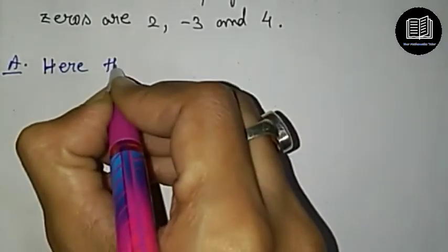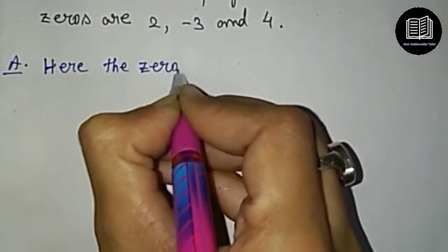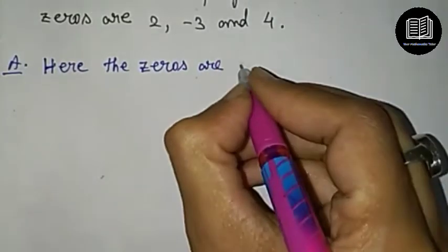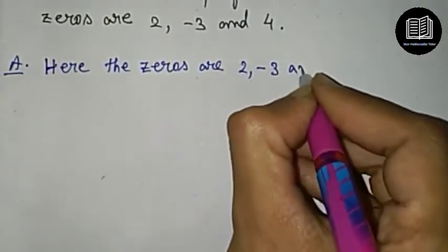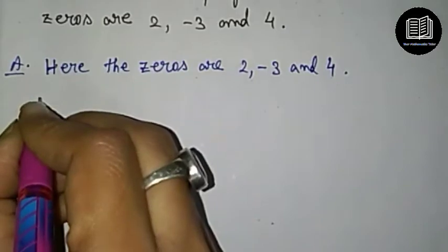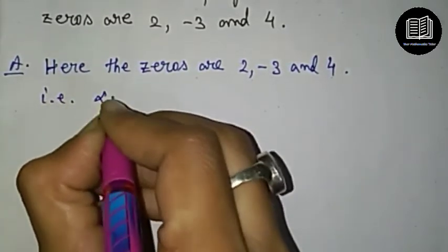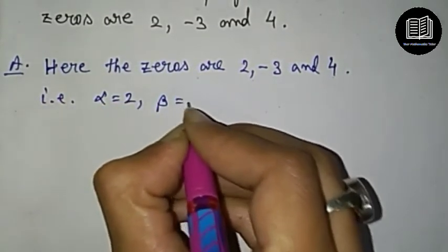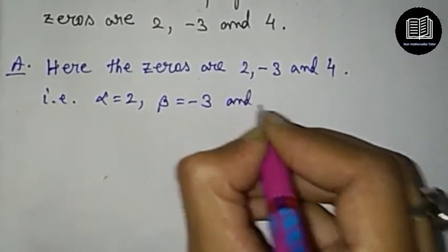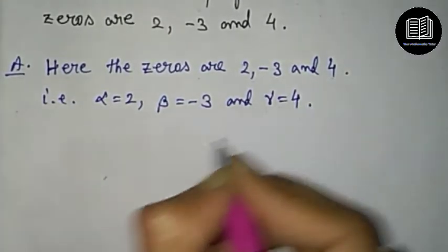So here the zeros are 2, -3 and 4. That is alpha equals to 2, beta equals to -3 and gamma equals to 4. Right.